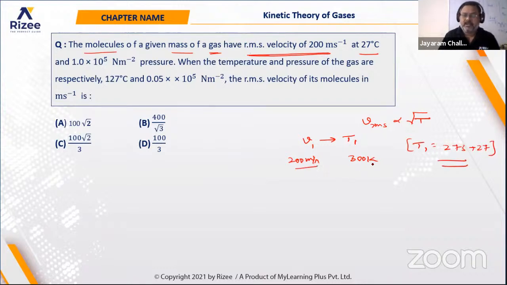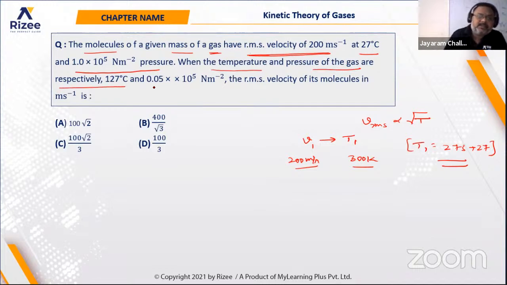So now this is the relationship. At this temperature, the pressure has also been given. Now, when the temperature and pressure of the gas are respectively 127 and this one, he is asking about the RMS velocity of the molecule.